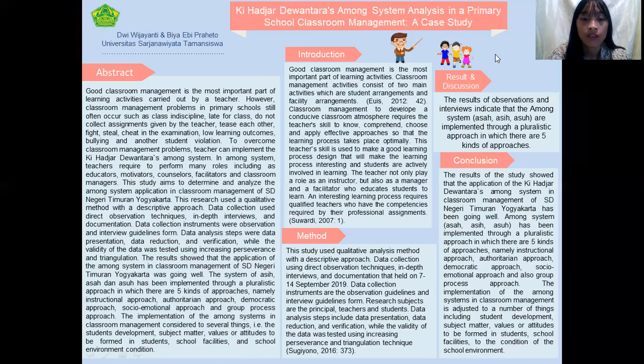So, the results and discussions. For the results and discussions, the results of observation and interview indicate that the among system, ASA, ASI, ASU, are implemented through a pluralistic approach in which there are five kinds of approaches.